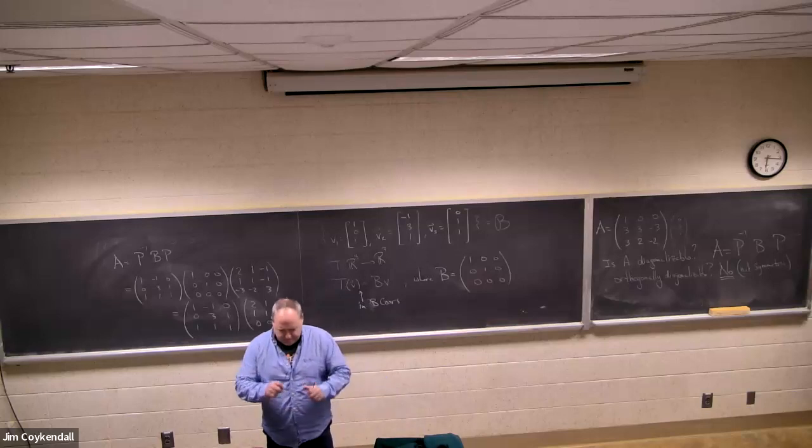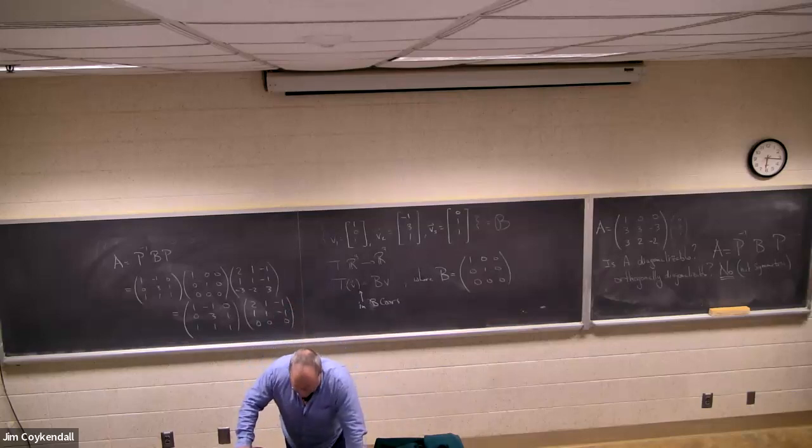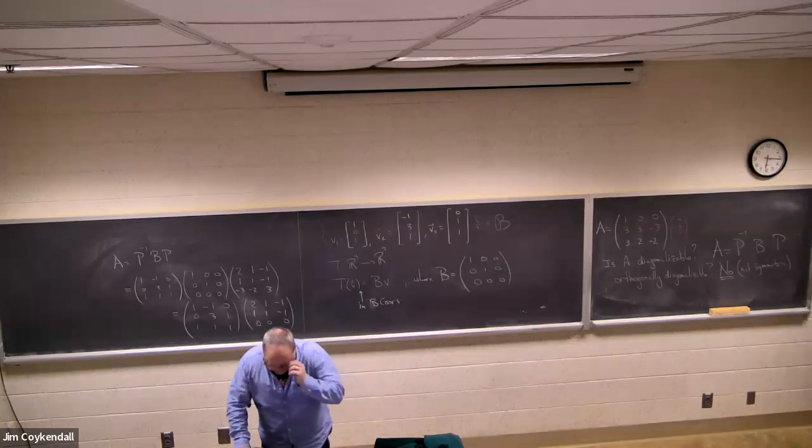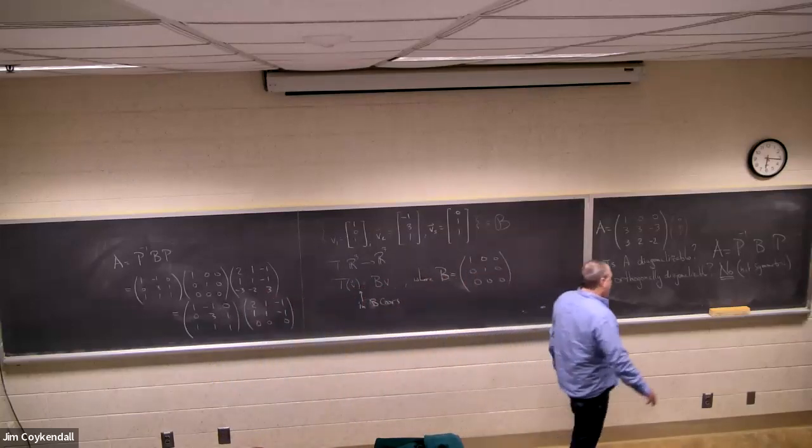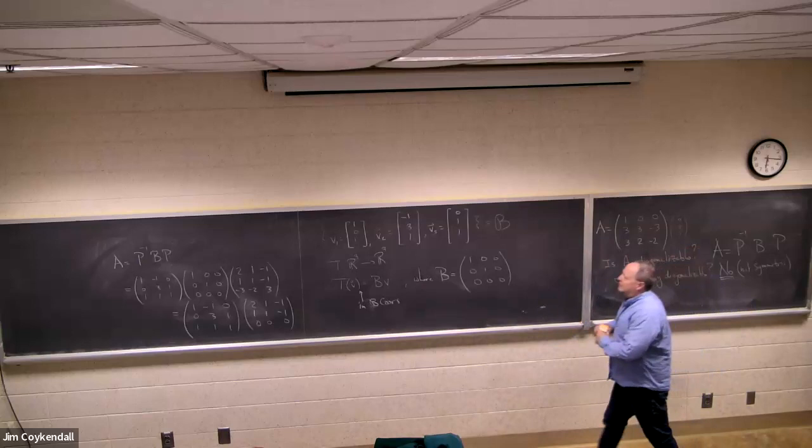Okay. Well, I just don't quit on this, do I? Use the Gram-Schmidt process to refine V to an orthogonal basis for R3. That'll be easy. So let's refine this to a basis.